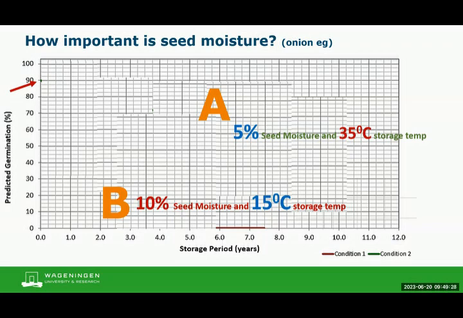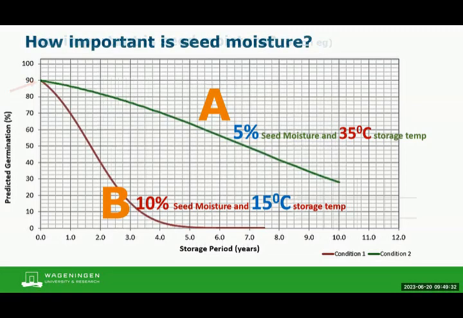So let me correct what is going to happen. The seeds that were in the cold storage condition saw their germination drop from 90% to 40% within 2 years. But weren't these the cold storage conditions?